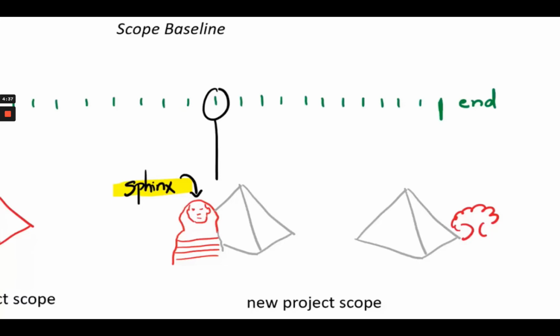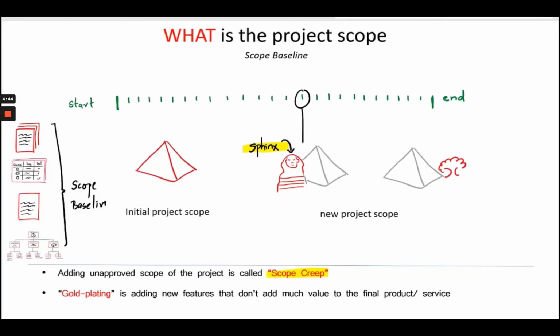Since this is a big change to the original scope of the project and not approved by all the stakeholders of the project, this will be defined as a scope creep and hence should not be taken up as part of the scope of the project.